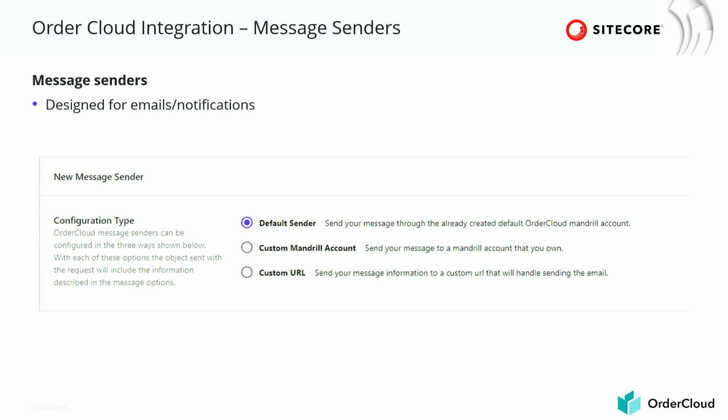So this definition really intersects with the definition for transactional email. It's a notification based on some action from the user. So this is basically designed for transactional email or other types of notification.